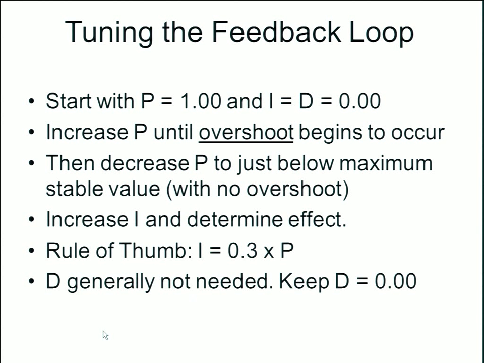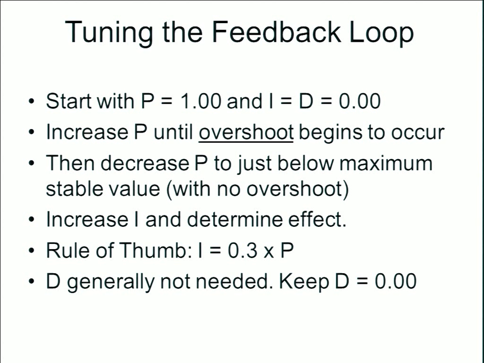As far as tuning the feedback loop, we typically start with P or proportion equal to 1 and integral and derivative equal to 0. A good technique is to increase P until overshoot just begins to occur. Overshoot means that your cantilever is riding over the top of, let's say, a hill, a certain height feature, and then it's not coming down fast enough.